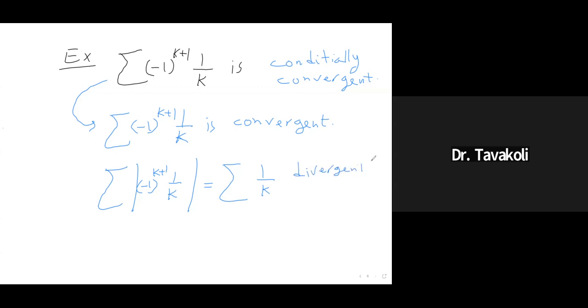We have seen before that the harmonic series is a p series with p equals 1 and is divergent. So the given series is convergent, but sigma of absolute value of the terms is divergent. So that's why it is conditionally convergent. The series itself is convergent, but the series with absolute value is divergent.